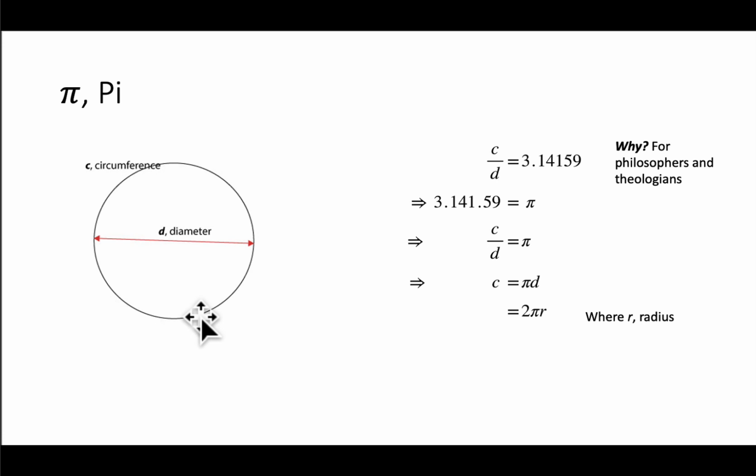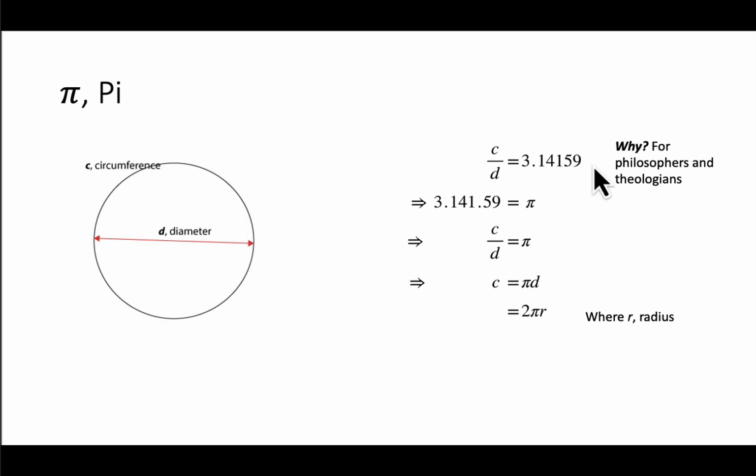So if we now look at a circle and look at a diameter, you know from your early maths that if you divide the circumference by the diameter, you always get this ratio 3.14159 and so on. And this holds true for a circle of any size.